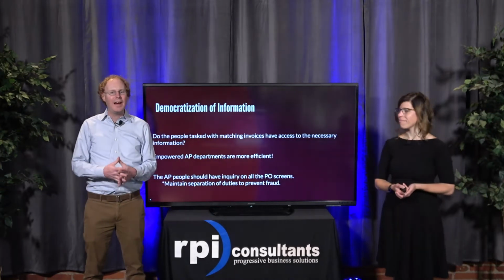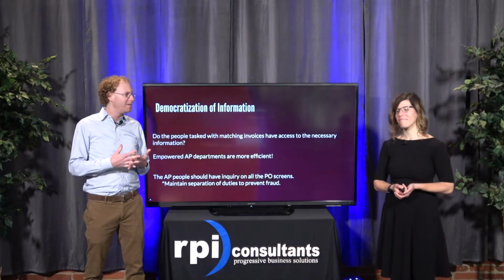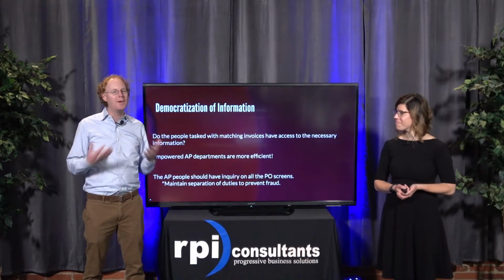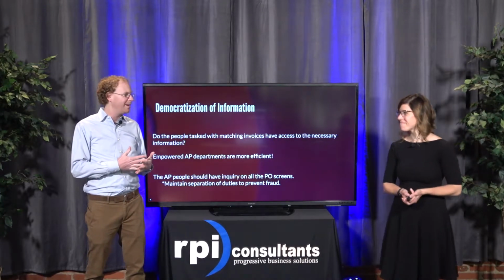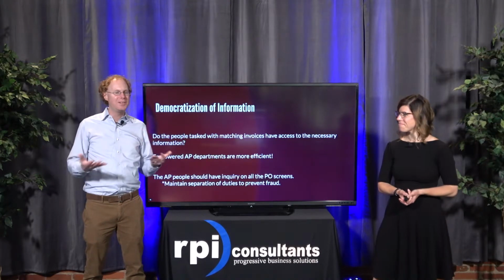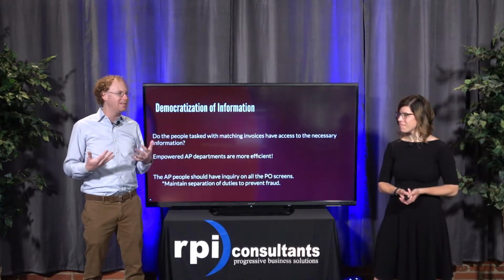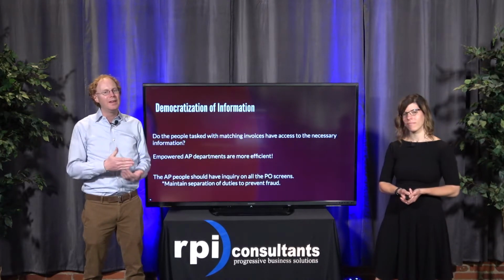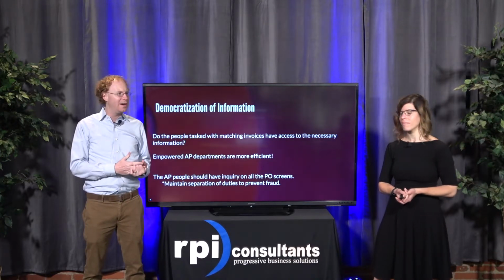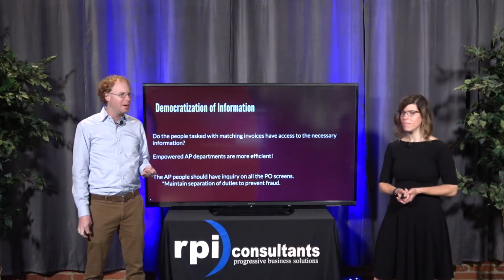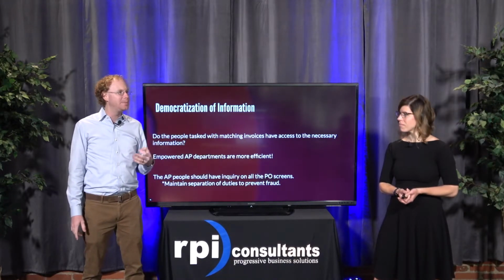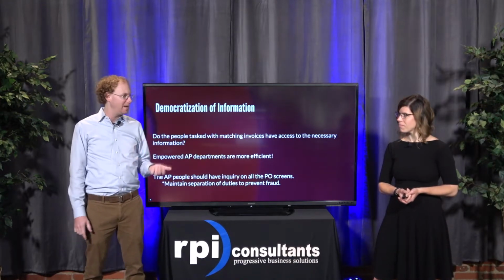So here at RPI, we are a big proponent of what we call the democratization of information. And that means getting the information out there to people that can make sense of it and do things with it. If we look at a typical Lawson security model for the accounts payable module, it's pretty limited in what you can see, right?